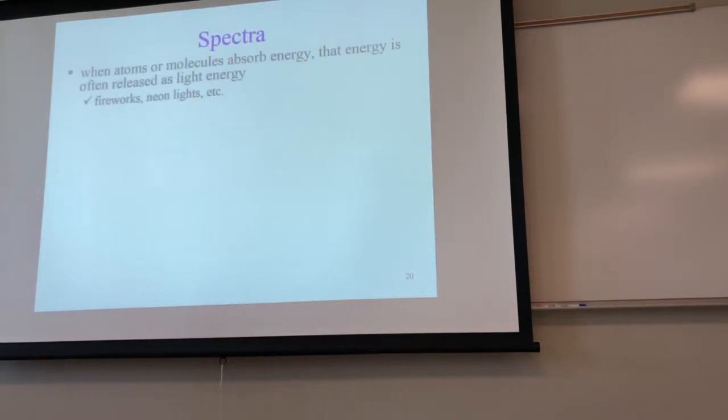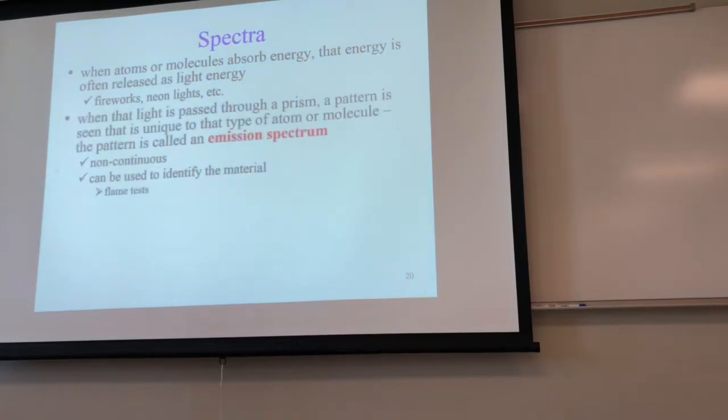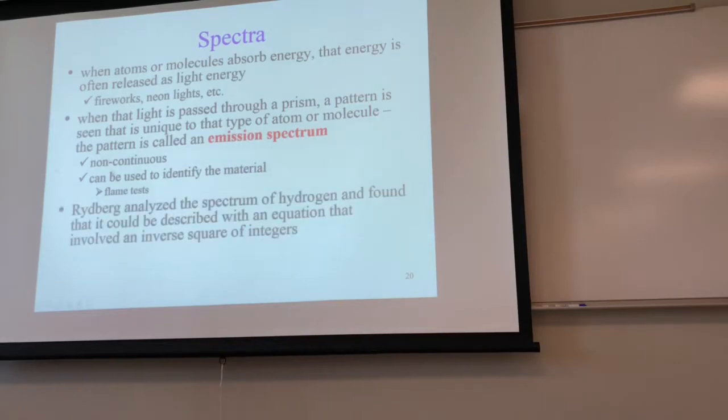So where this becomes useful is if you were to look at, say, the atomic spectrum of an element. That is the light that is given off by a particular element when we burn it. And we have done this when we have looked at flame tests. One of the things you will know about these patterns is that they are not continuous.